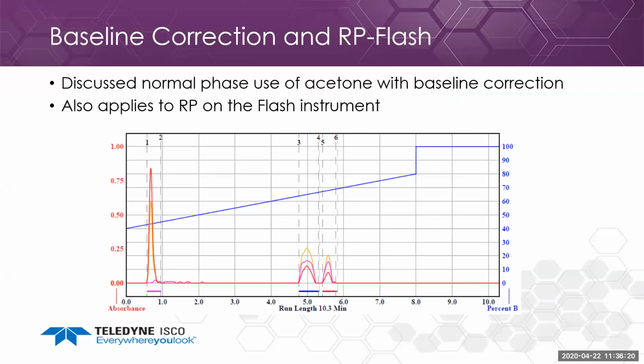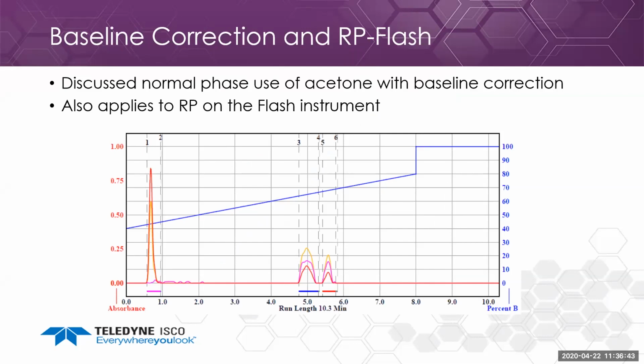For reverse phase flash, though, if we turn our baseline correction feature on, we could do normal phase use of acetone. We could substitute acetone for ethyl acetate if we wanted to, but ethyl acetate's commonly used and not a problem generally. But we could replace the use of acetonitrile with acetone and use it in reverse phase.